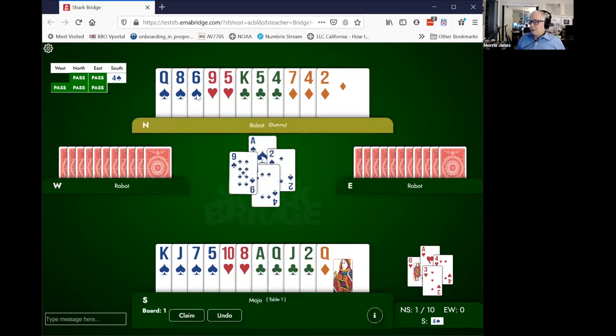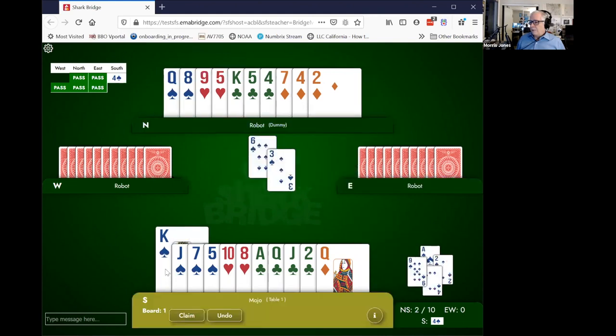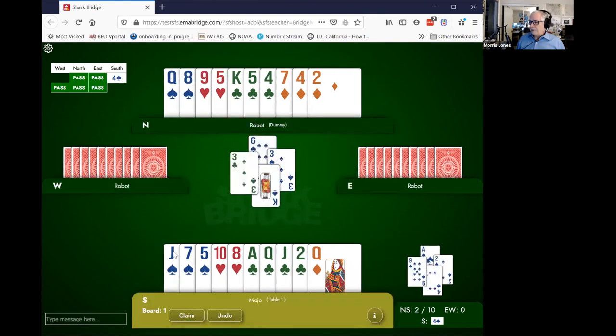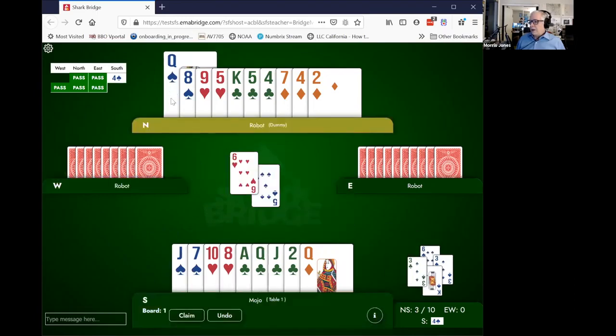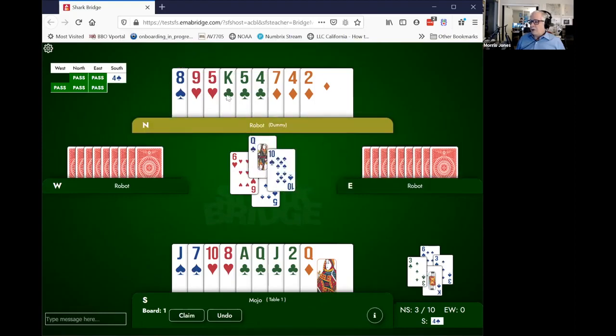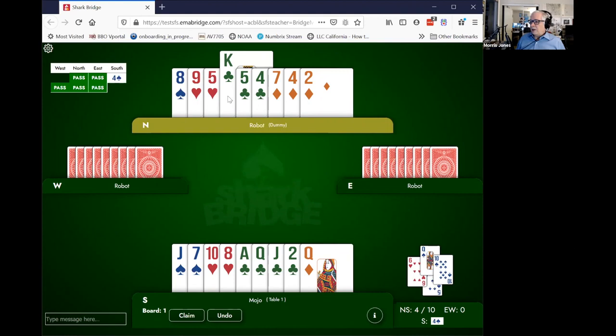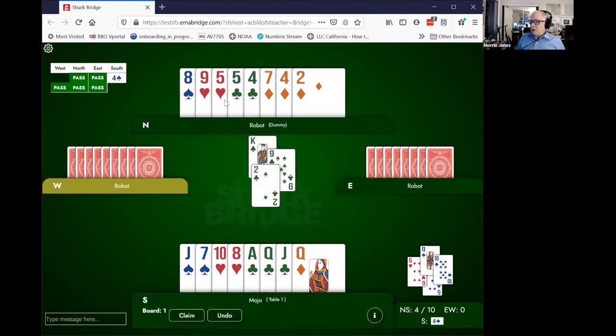And I can carry on with, do they all fall? No, I have to take 1 more. For this matter, I can actually create an overtrick by using my club suit and the fact that I have the length in the club suit to get rid of a heart in the dummy.